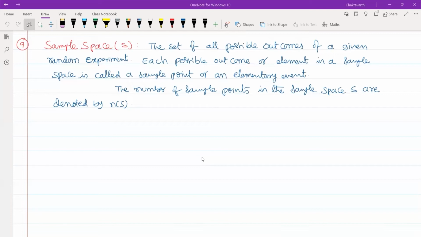The sample space serves as the universal set. Universal set is a term of set theory. But in this paper, we have to take some set theory techniques and advanced techniques. Basic techniques and advanced techniques are both required to solve probability problems.